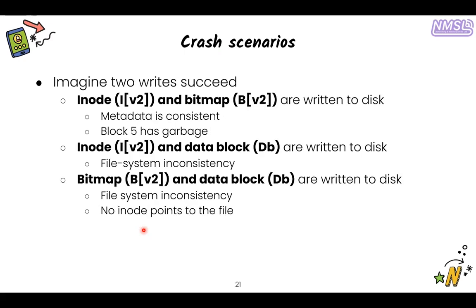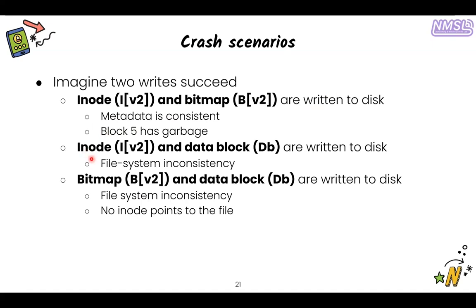Since we have 3 writes, we should also consider cases where 2 writes are successful. Again, we have 3 cases. Say inode and bitmap are written to the disk. The good news is the metadata is now consistent. At least they agree with each other, except the data is not written, so block 5 has garbage. Still no use. Second case, inode and data block.